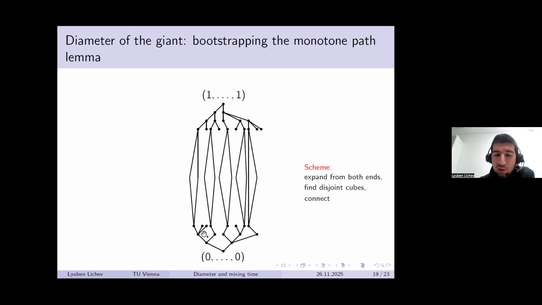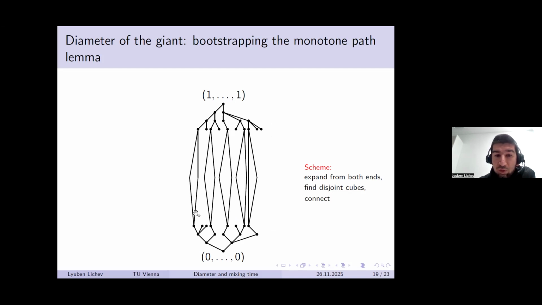So for example, I can expose, I don't know, the 1000th neighborhood of 0. And then probably this 1000th neighborhood will contain many vertices. And then we can do the same thing with 1. So if 1 is in the giant component, then probably it expands well. So if we expand for 1,000 or 1 million layers, then we'll get probably a lot of neighbors.